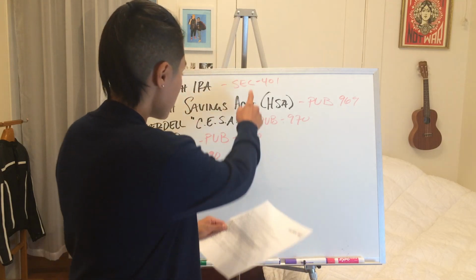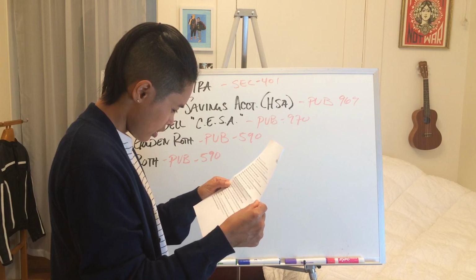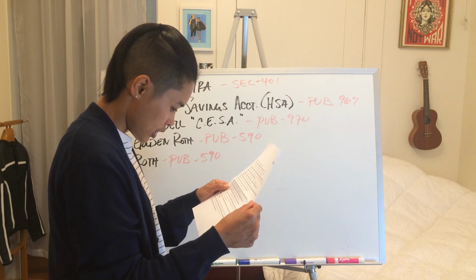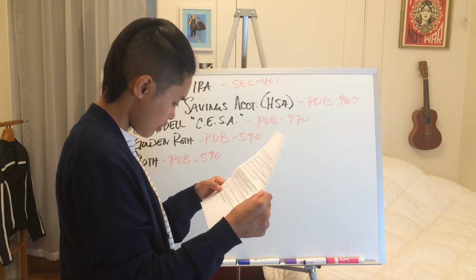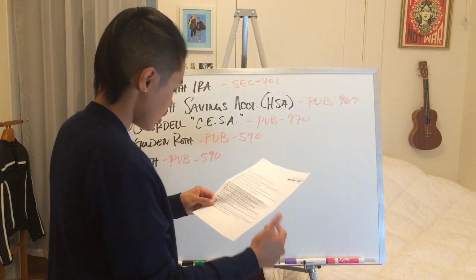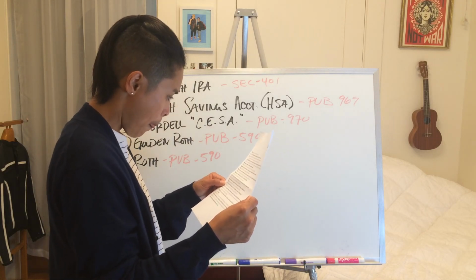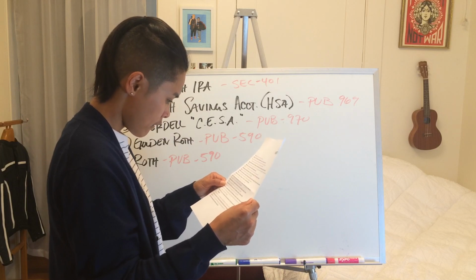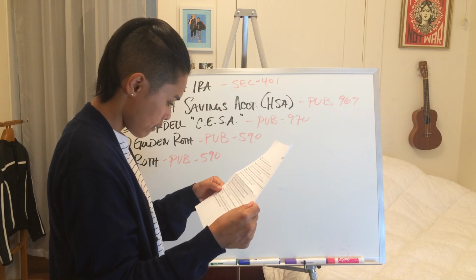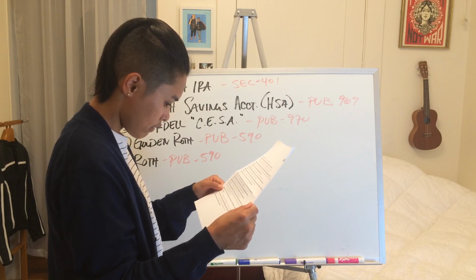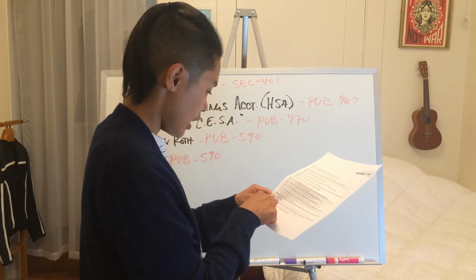Okay, so SEC 401. Yes. Health savings account, PUB 969.